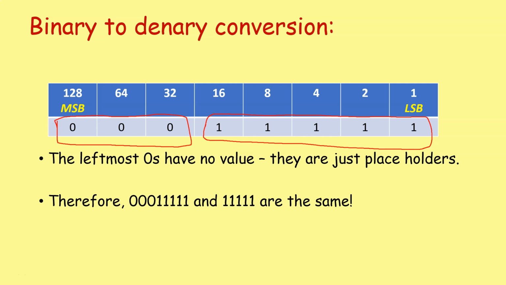Therefore, 00011111 and 11111 are the same. If you see either of these in the exam, they have the same total value, because these zeros technically aren't holding any value, they're just placeholders.